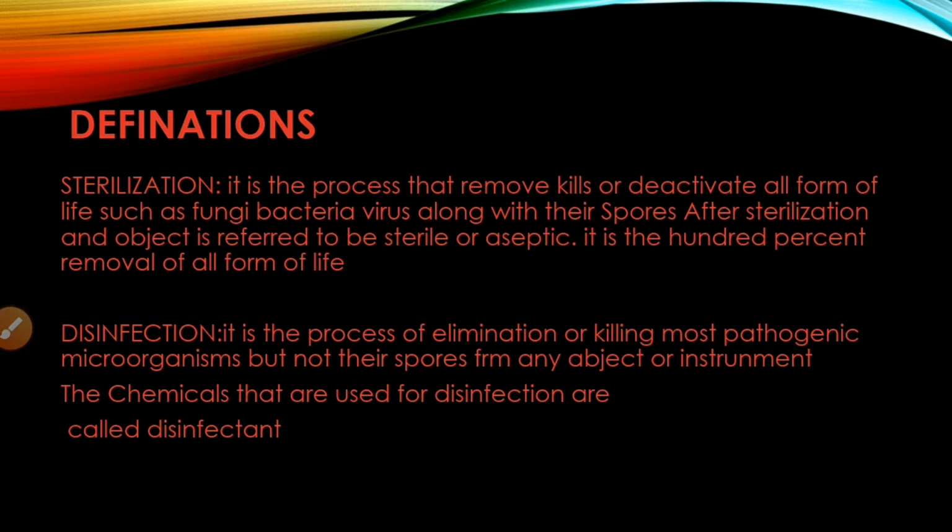The chemicals used for disinfection are called disinfectants. We can use different types of disinfectant such as Dettol, Lysol, and alcohol. This helps to kill most of the pathogenic microorganisms, while their spores remain unaffected.